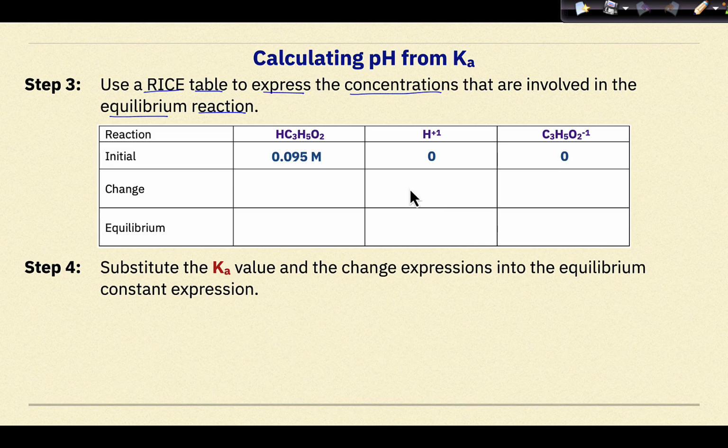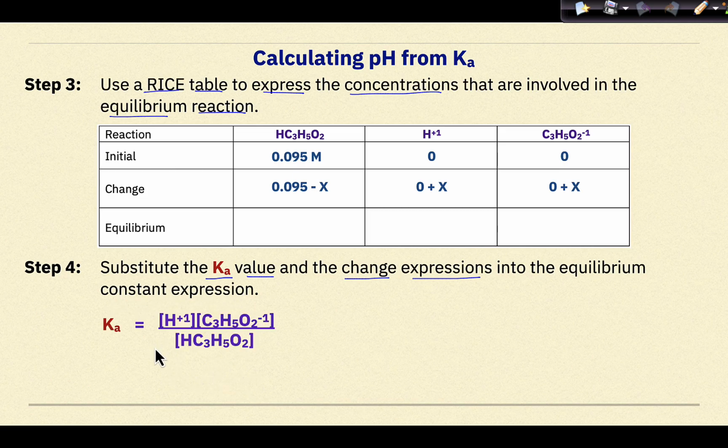To represent the change, we're going to write 0.095 minus x, plus x, and plus x. And then we need to go on to step 4. We can't plug in x yet because we have not calculated x at this point. So we're going to substitute the Ka value and the change expressions into the equilibrium constant expression.